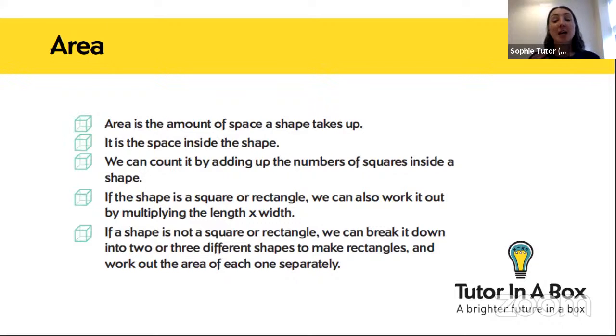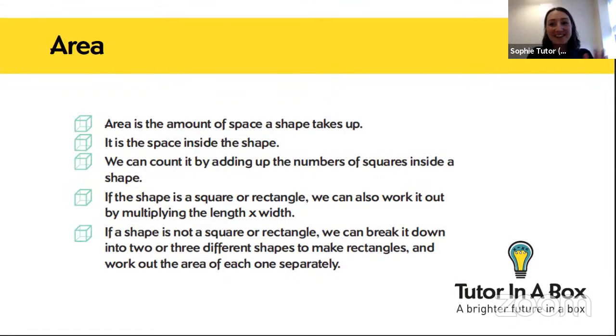Or if it's a square or a rectangle, we can work it out by multiplying length times width. If it's not a square or rectangle, and we'll look at this later, there's a couple of things we can do. Part of that is breaking it down into squares or rectangles to help us.